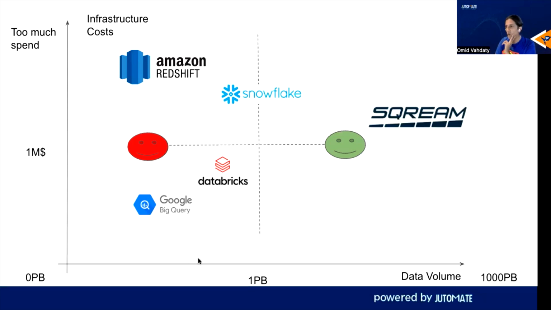In Redshift, the more you increase your data, you shoot to the roof in terms of performance, price, capabilities. The same goes for Snowflake. And the more cost-effective are Databricks and BigQuery, but there's a point where they won't be able to handle too much data on specific use cases.